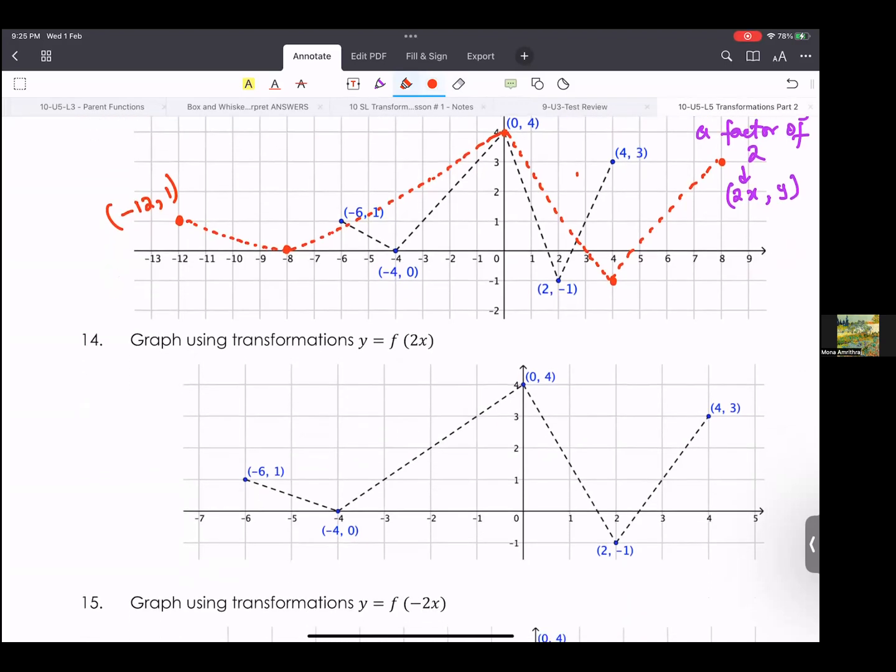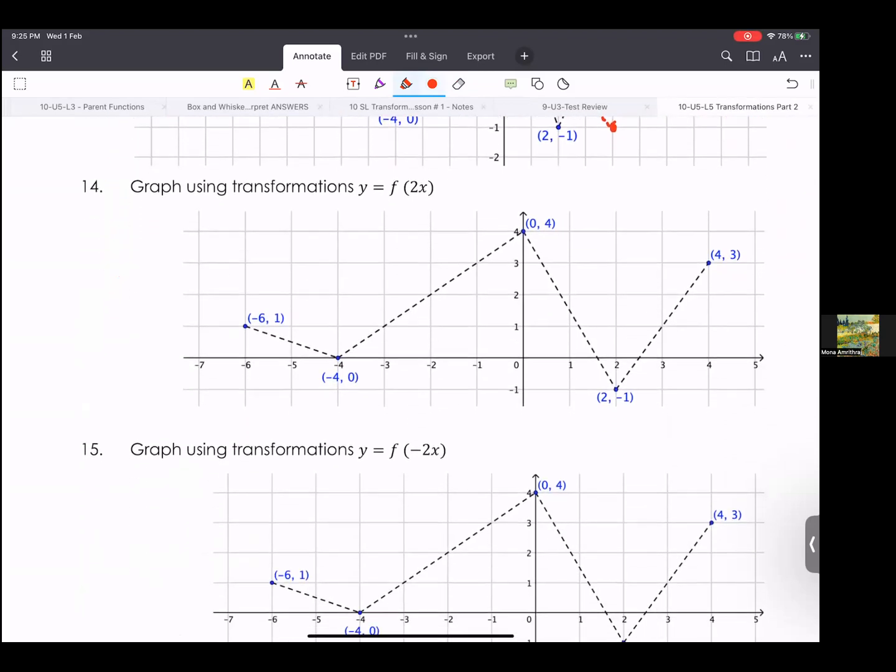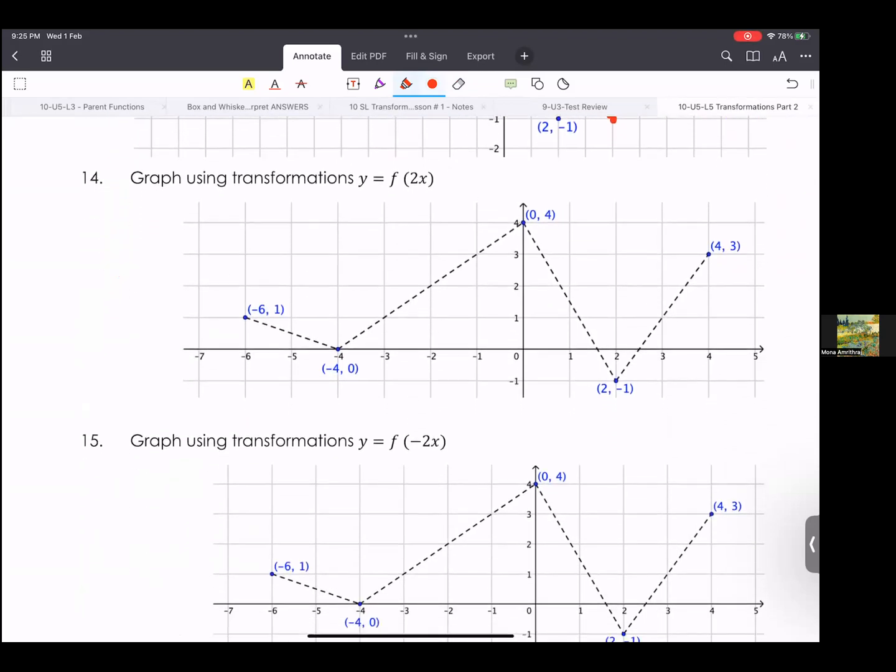Now, let's move on to the next example. The b value here is 2, so the absolute value of b is also 2. So 1 over the absolute value of b is going to be 1 over 2, which is just 0.5. That means all the x values get multiplied by 0.5.